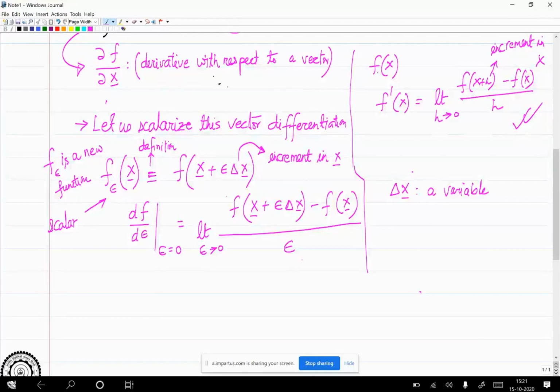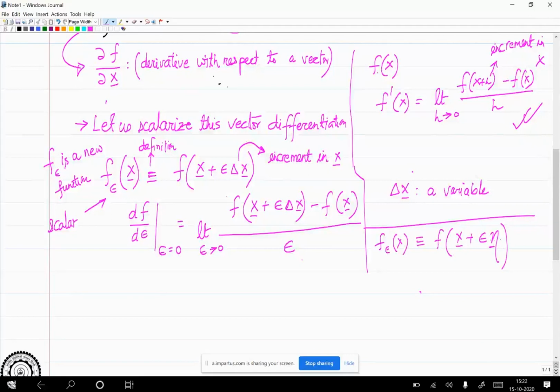But in this definition, I could have also defined f epsilon of x as f of x plus epsilon into some variable eta. So here, what we are really doing is we are increasing our x in the direction of eta.